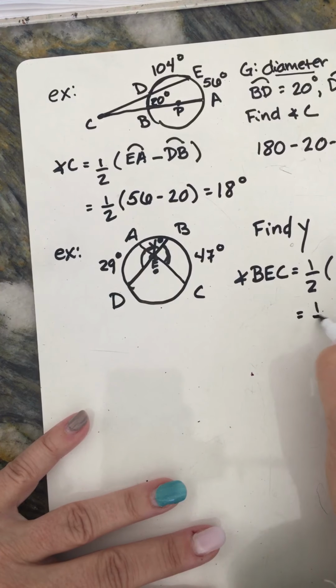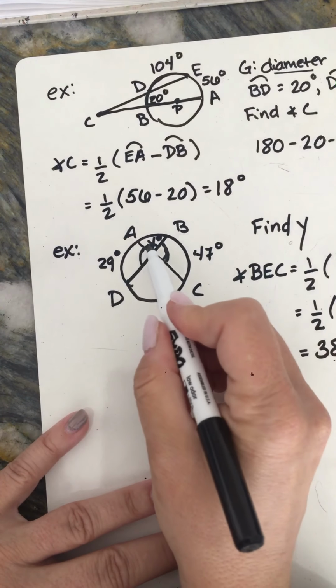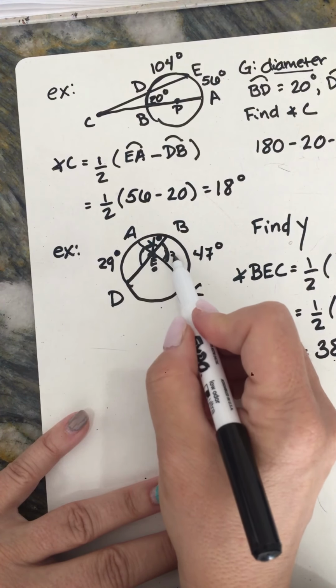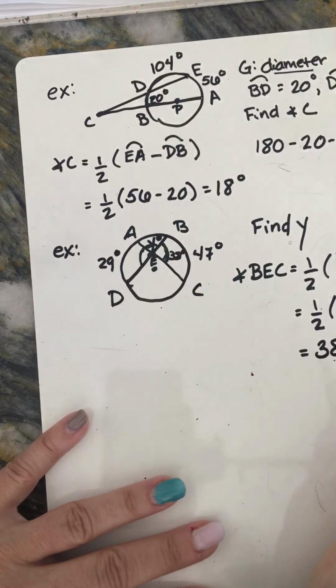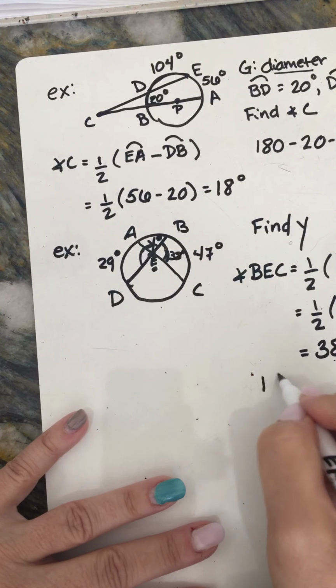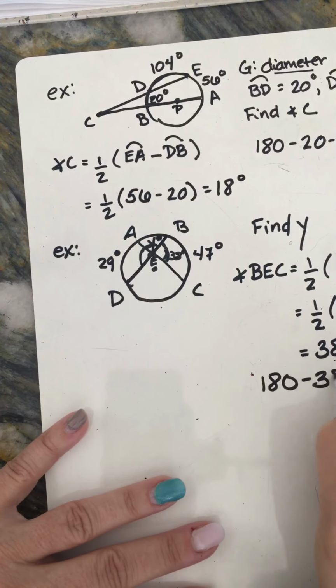So let's do that. 1/2 of 47 plus 29. So that gives us 38. And then this 38 degrees here and the Y are supplementary. So 180 minus 38 equals 142. So Y equals 142 degrees.